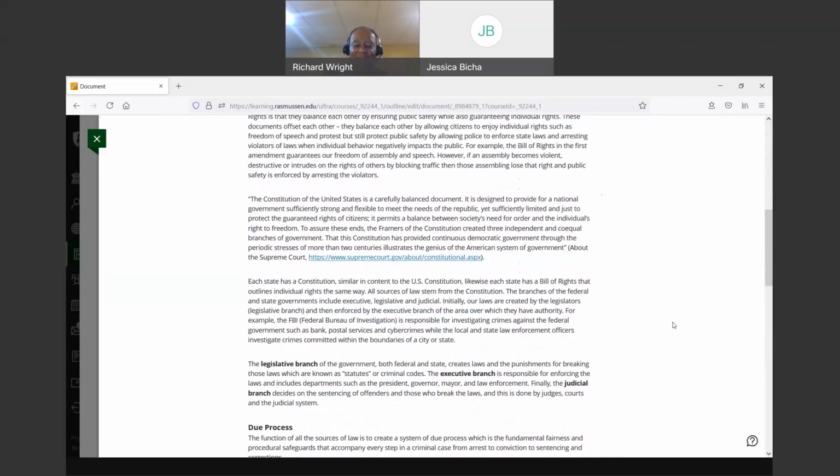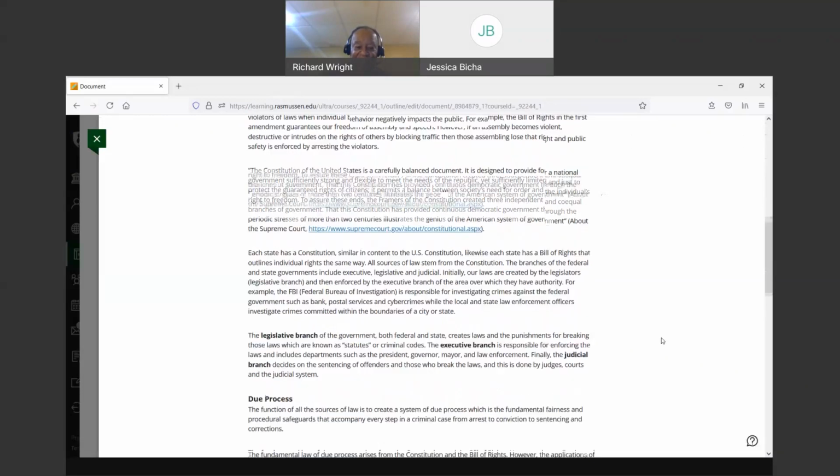They pass the statutes or codes or laws to interpret the Constitution. And then the judicial branch, the United States Supreme Court being the highest court of the land. All the courts decide on sentencing and interpret the laws itself. Okay, so all three branches.